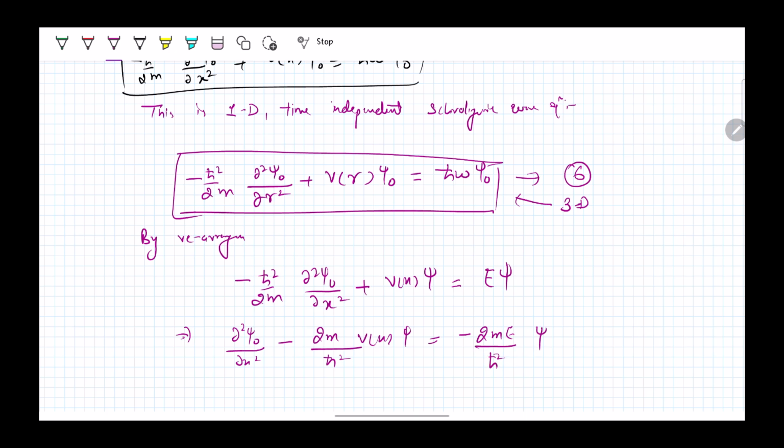What we are doing is taking this term towards the right hand side, right?